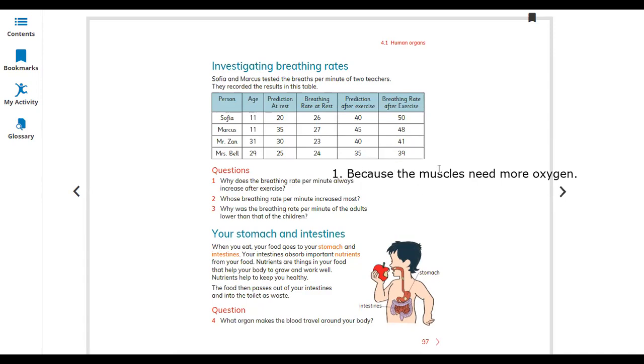I just made a short answer: because the muscles need more oxygen. You can write because the body or muscles both need more air or oxygen. Both are correct.